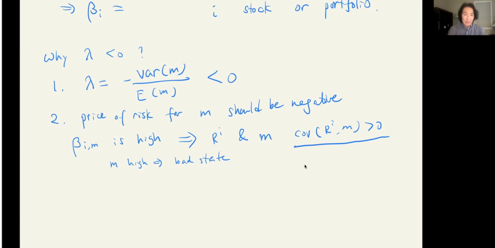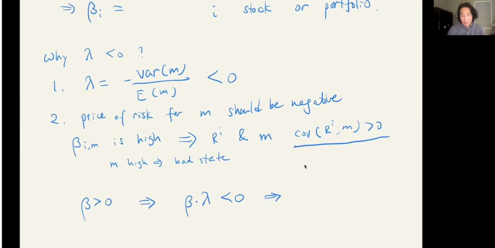So these are the assets, even with lower expected returns, you want to hold. In other words, if asset i has positive beta, that means beta times lambda is negative.